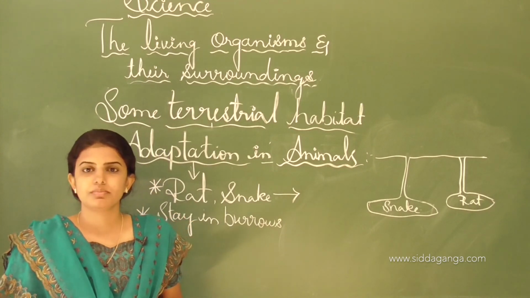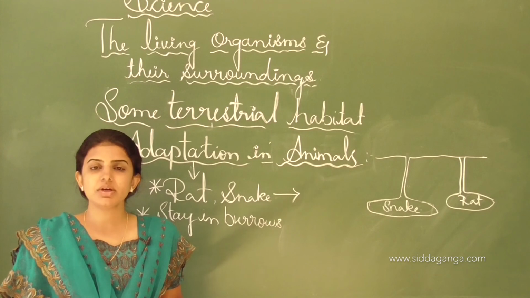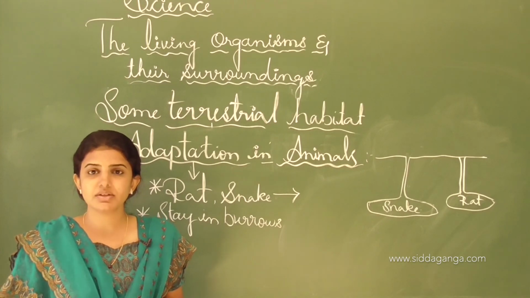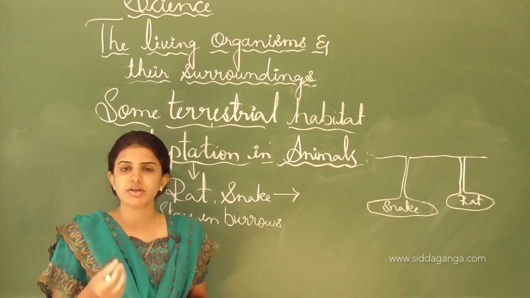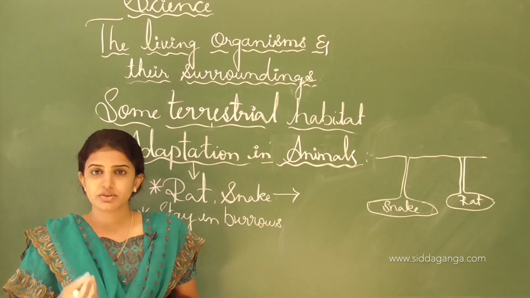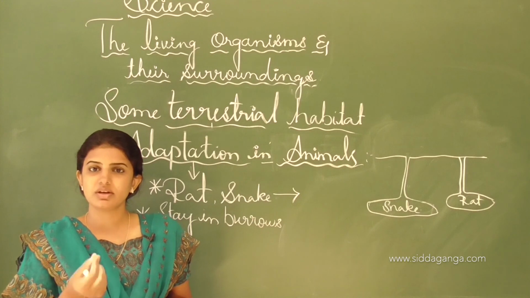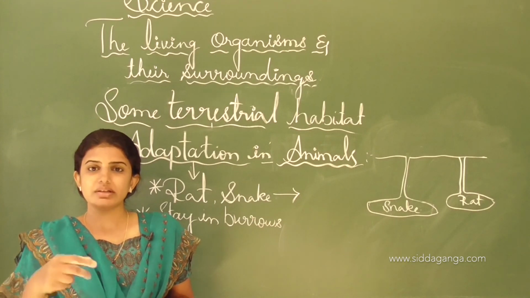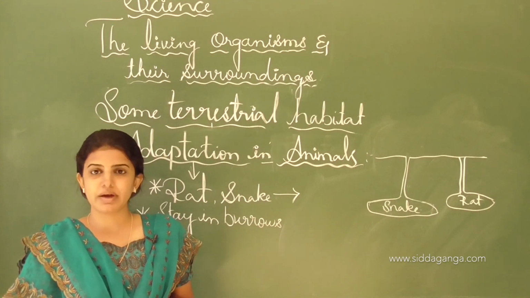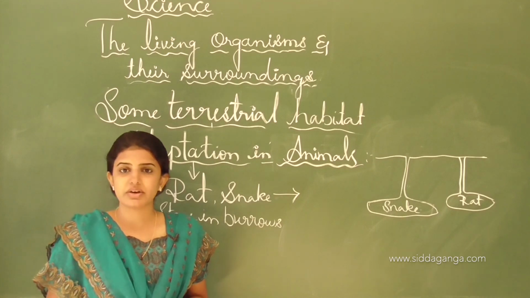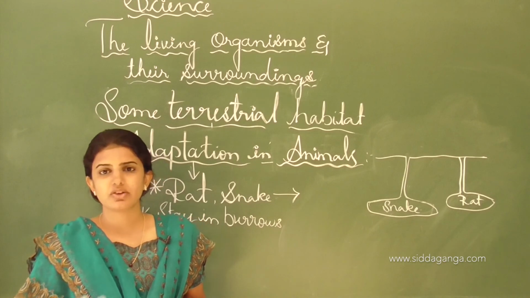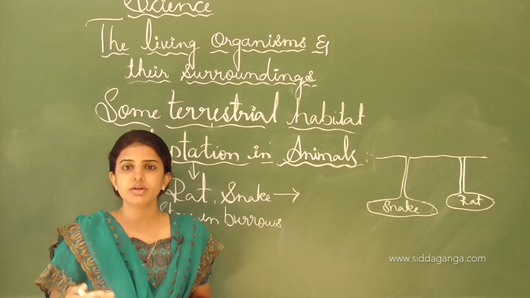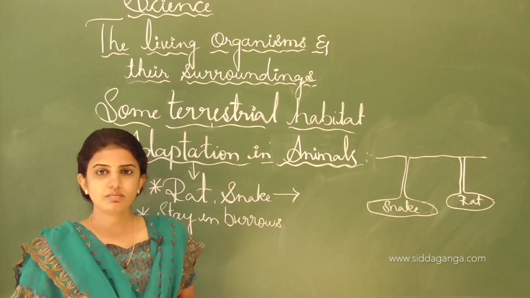The leaf is modified into spines due to the scarcity of water, and thereby it reduces the loss of water by transpiration. Transpiration is nothing but loss of water in the plant.